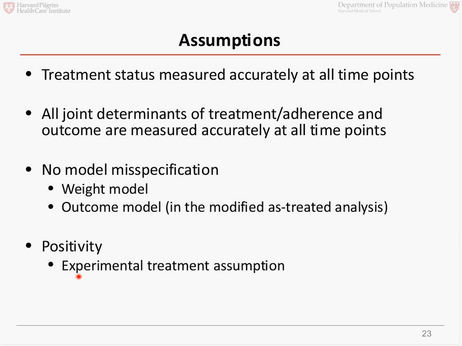Sometimes violation of positivity might be due to chance if you stratify your data too finely. Sometimes it's a real violation of positivity. Maybe patients develop some contraindication during follow-up, which would put them only in one type of treatment. So that would be a violation of positivity. In our research, we need to be very careful to determine whether the violation is due to chance or whether it's more mechanical.